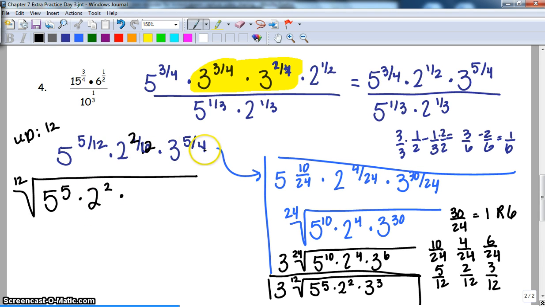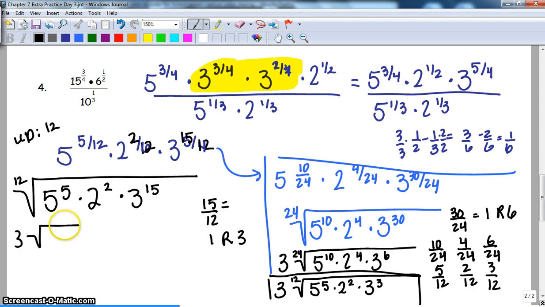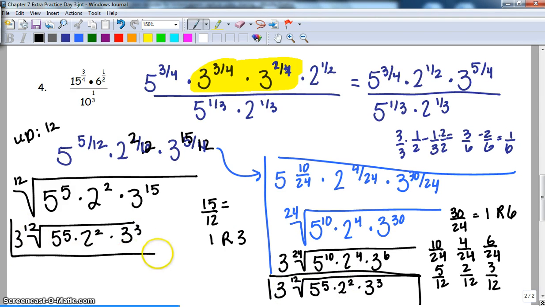And 5 4ths would be 15 12ths. And then again, if the 15 is larger than the 12, 1 remainder 3. So 1 3 comes out. And 3 3s stay in, which notice is the exact same thing as this one going the long way. All right, but there are a lot of things to check, so be careful either way you do that.